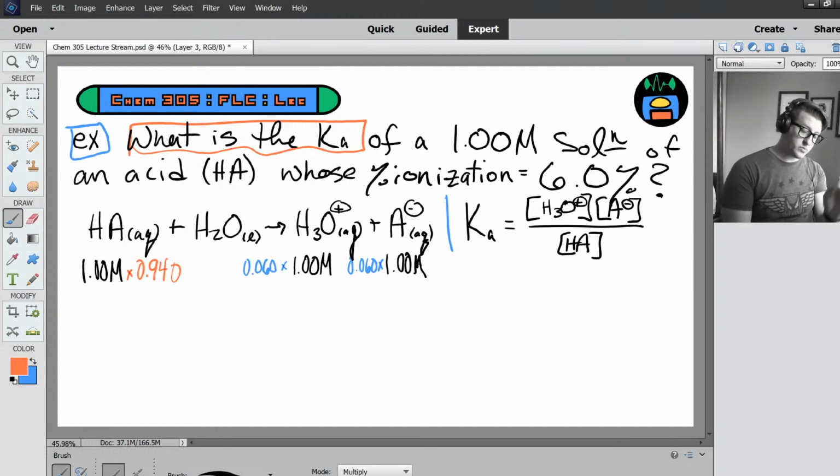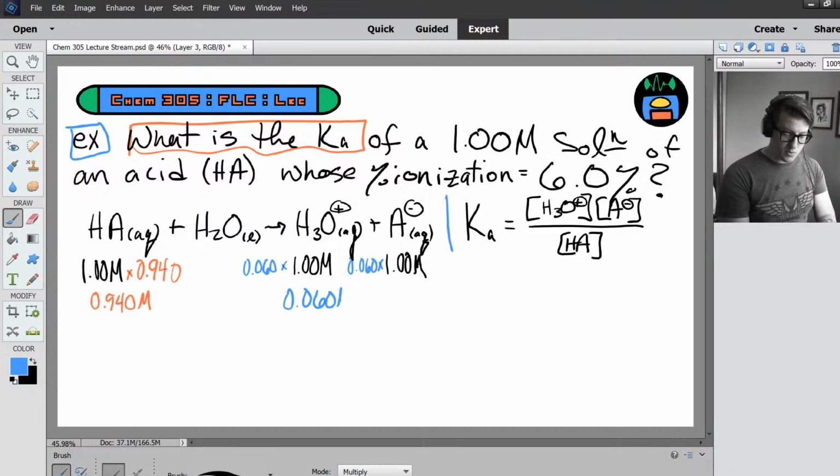Because if 6% ionizes, that means 94% stays associated. So the concentration of our acid, HA, at equilibrium will be 0.940 molar, whereas the concentration of hydronium and conjugate base will both be 0.060 molar.